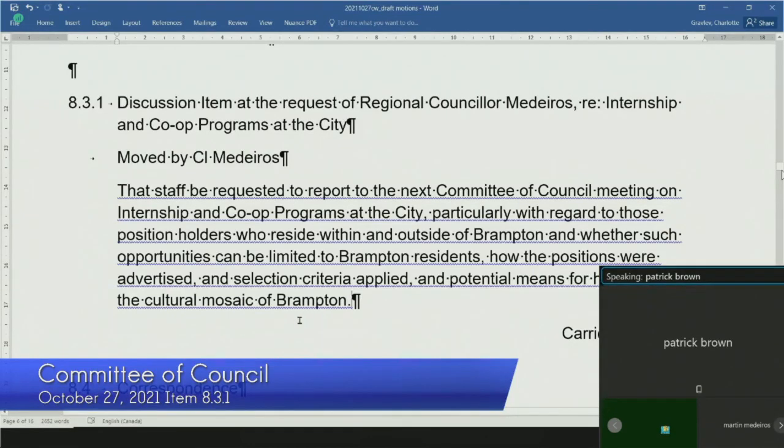We are here to serve them and create opportunities for our youth, not necessarily youth in other cities. So I look forward to this report and glad that Councillor Medeiros has put a quick timeline on it, because very quickly it'll be January and people will start talking about summer internships again.